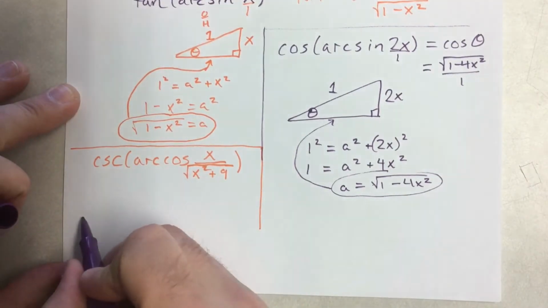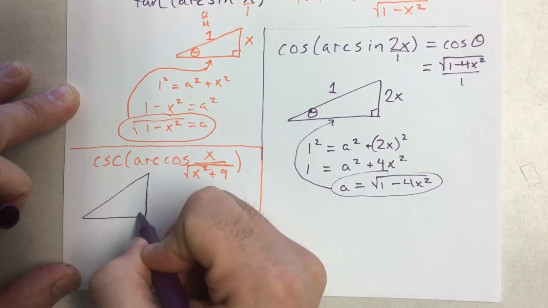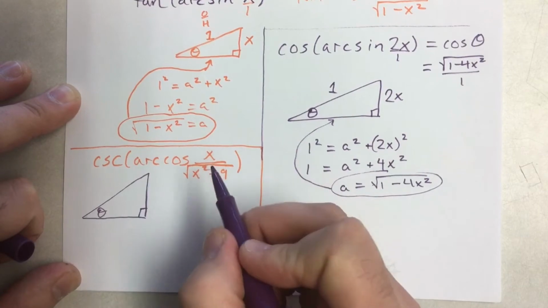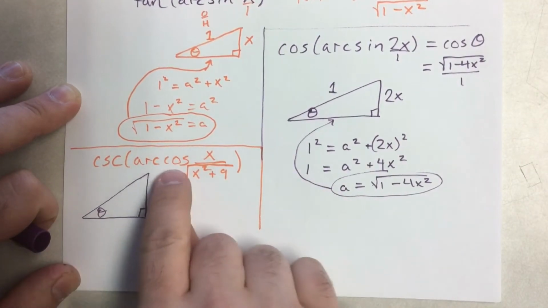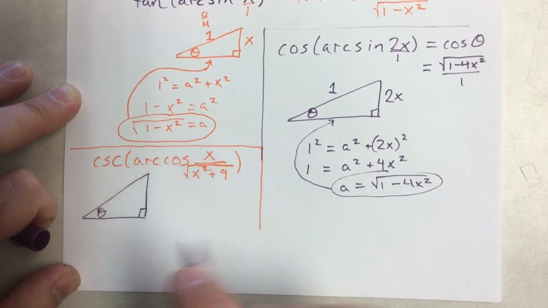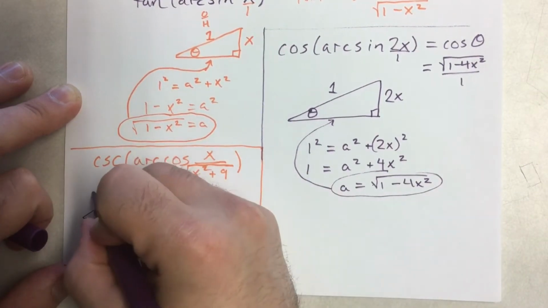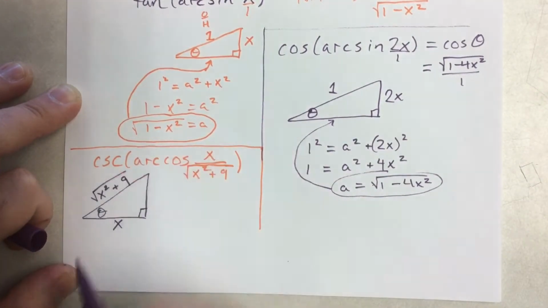So creating the reference triangle. Okay, cosine is adjacent over hypotenuse. So we're saying cosine of theta equals x over square root of x squared plus 9.